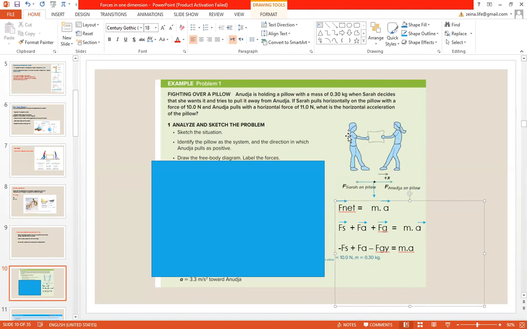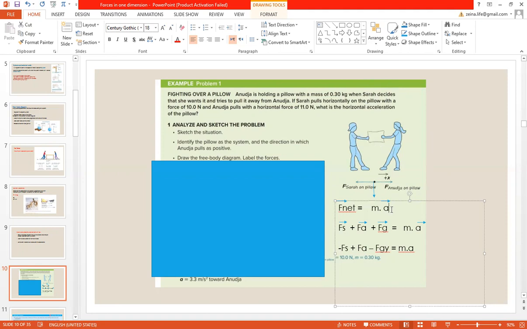So Sarah or Anuja is moving the pillow either to the left or to the right. What does this mean? This means that the pillow is not moving along the vertical, not moving along the y. So if it's not moving along the y, there's no acceleration along the y.